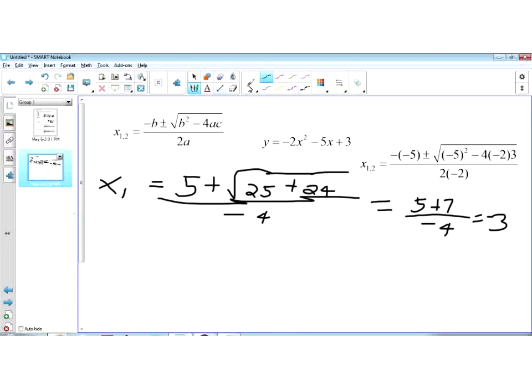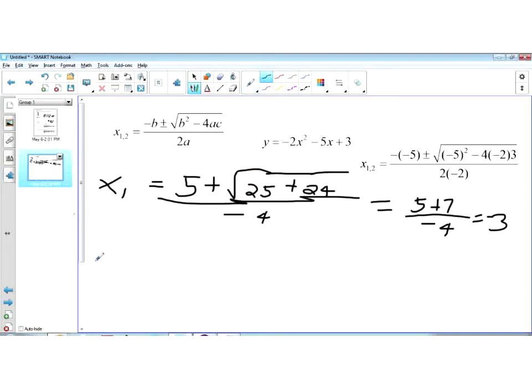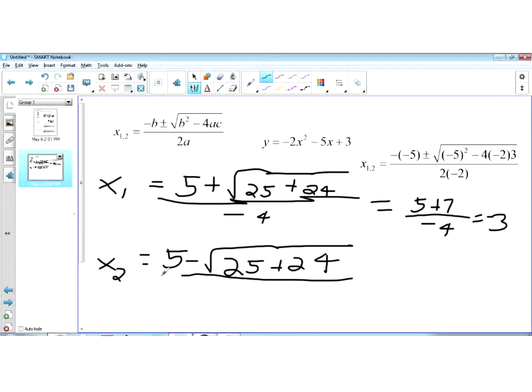Now we need to solve for x sub 2. So x sub 2 is found by taking the negative of the radical, right? So that would be 5 minus the square root of 25 plus 24, divided by -4.